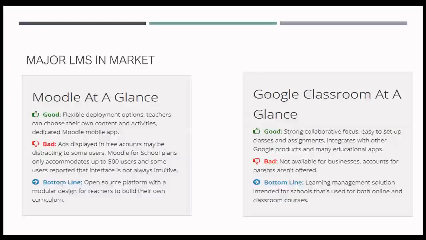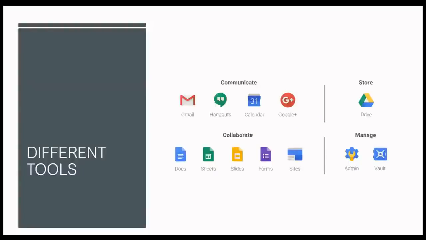Google Classroom can collaborate with all the products which you can see on your screen. With Google Classroom, we can go on Google Doc and collaborate, where we can ask students to submit the assignment using Google Doc.